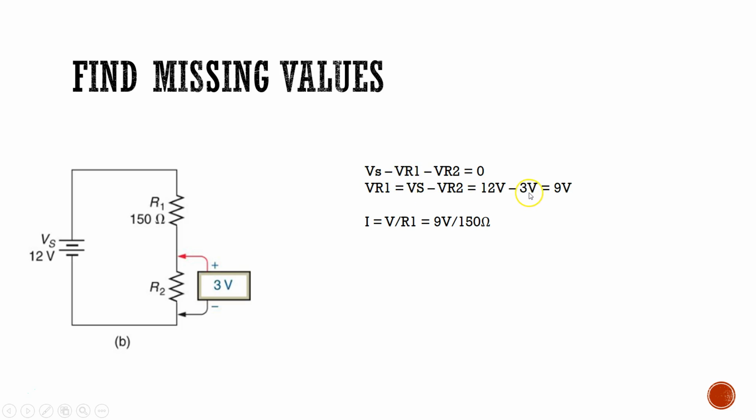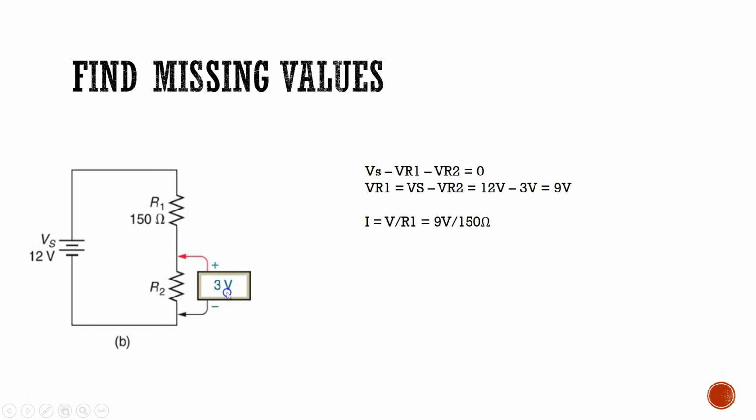So 12 volts minus the 3 volts equals 9 volts. We can then use that to solve for the current in the loop. Then once we know the current and the voltage, we can solve for the resistance. So we have the 3 volts divided by the current that we solved for, V over I equals R.